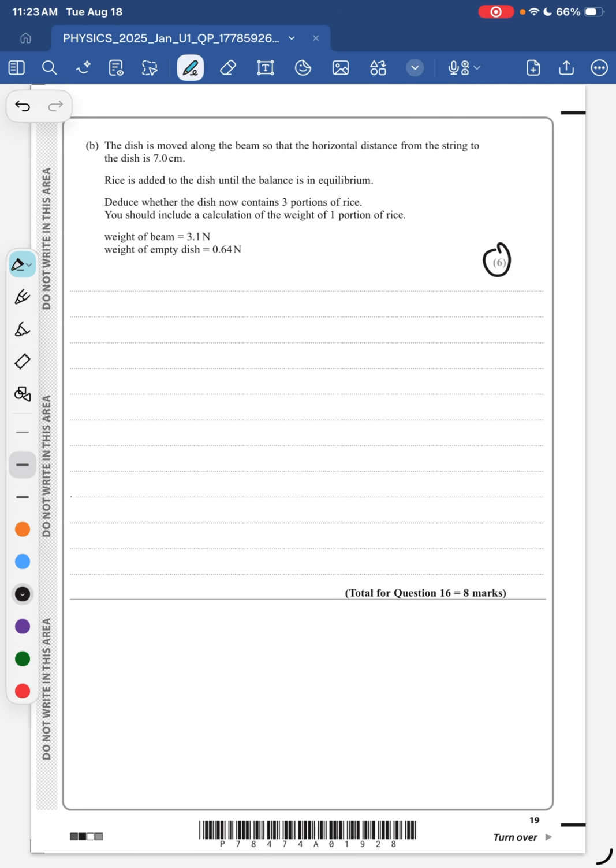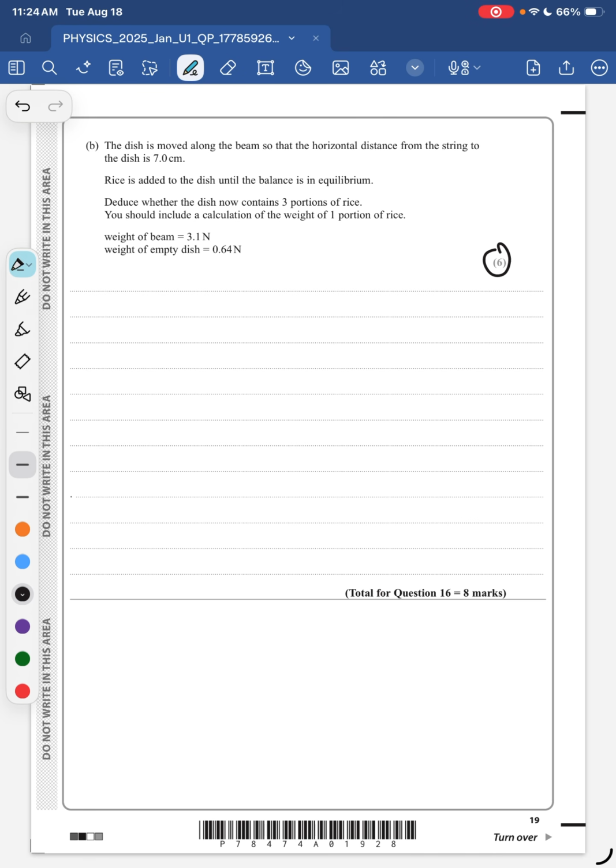Rice is added to the dish until the balance is in equilibrium. Deduce whether the dish now contains 3 portions of rice. You should include a calculation for the weight of 1 portion of rice, and they give you the weight of the beam and the weight of the empty dish.